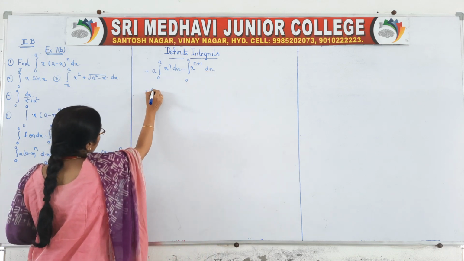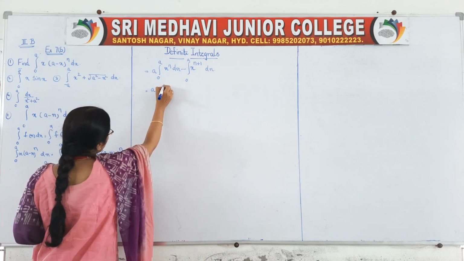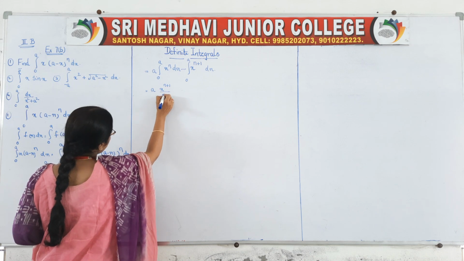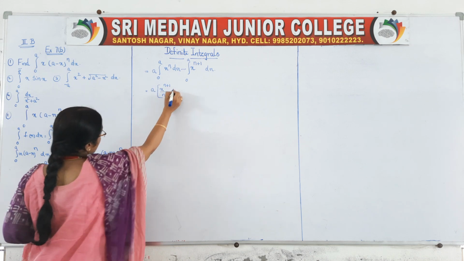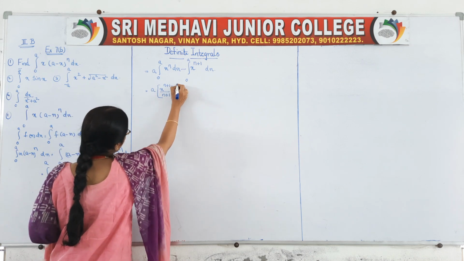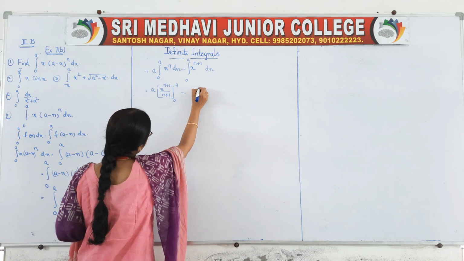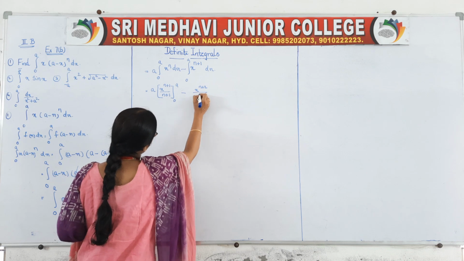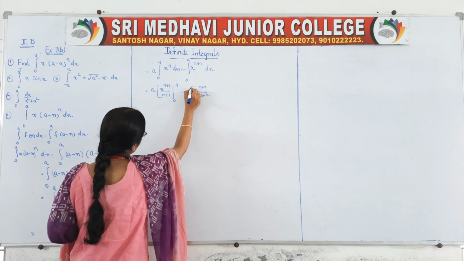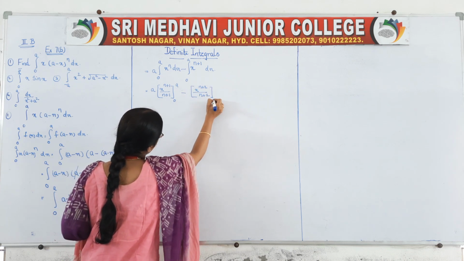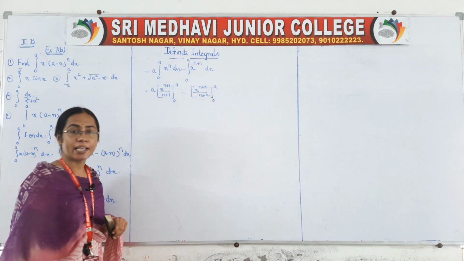So a into x to the power of n plus 1 by n plus 1. Once the integration is over, we have to write the limits on the right side. Similarly, x to the power of n plus 2 by n plus 2, and then take the limits on the right side.